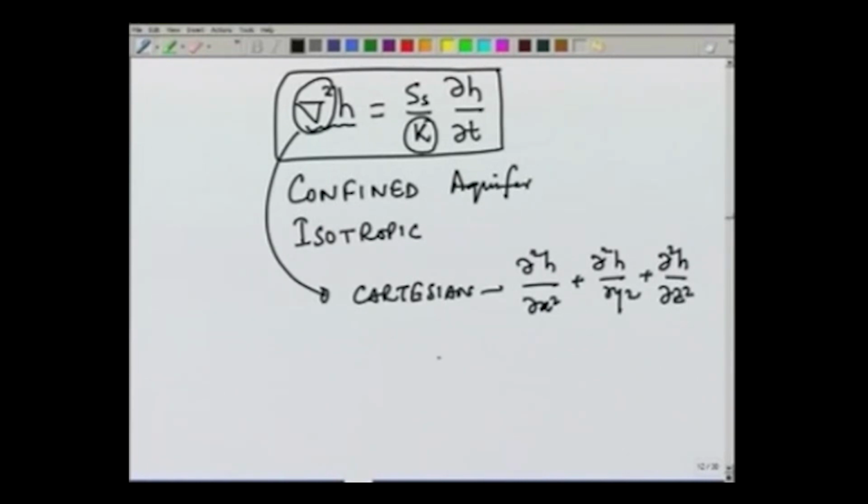And if you have some flow situation where you have radial and axisymmetric flow, so, symmetric means that theta will not be coming into the equation.